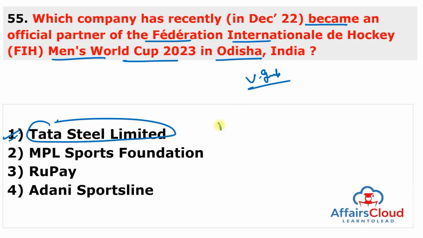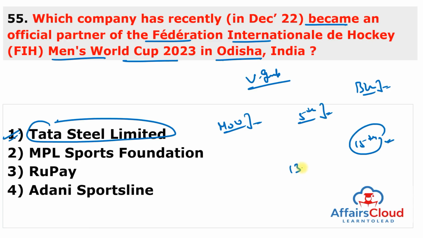So Tata Steel signed a Memorandum of Understanding with Hockey India to become the 5th official partner of the International Hockey Federation Men's World Cup 2022 in Bhubaneswar, Odisha. And the 2023 Men's World Cup of Hockey, the 15th edition of this event, will be held from 13th to 29th of January. 16 nations will feature in the tournament.